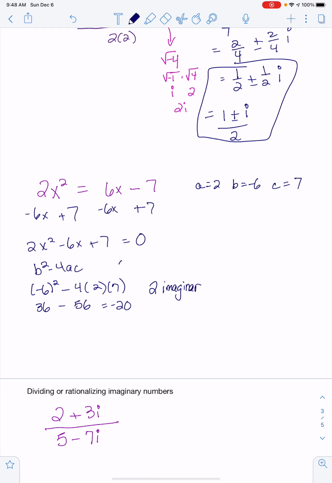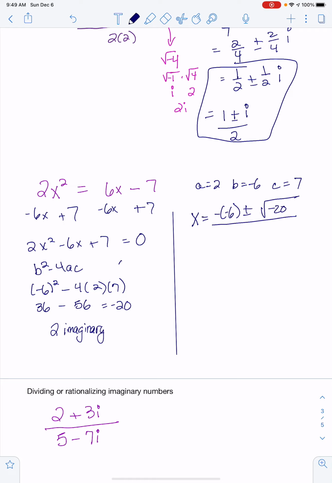So now let's substitute that. I'm going to move this out of my way, actually, so that I can continue with the quadratic formula. So that would be x is equal to the opposite, -b, plus or minus the square root of -20, all divided by 2 times the a value.